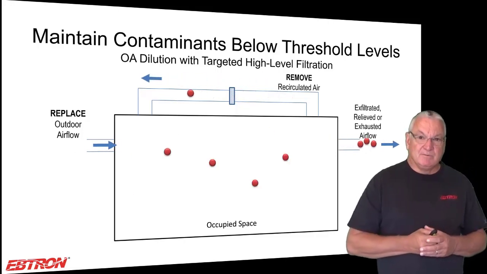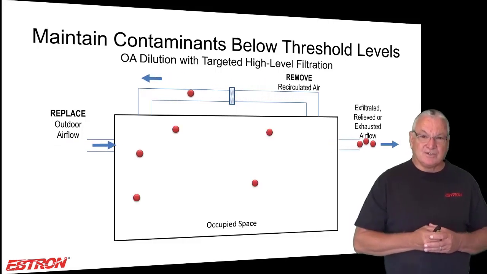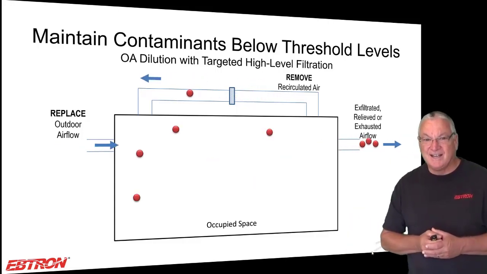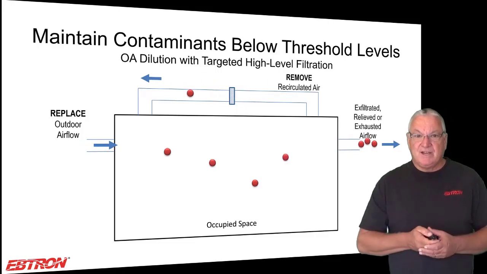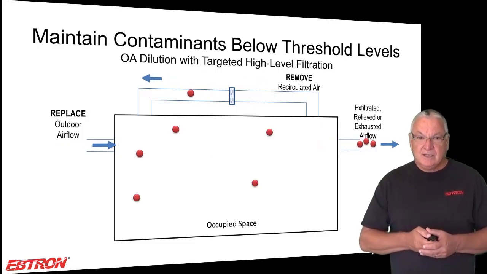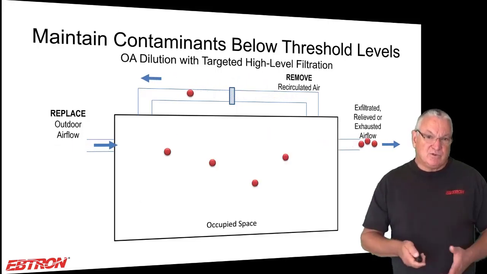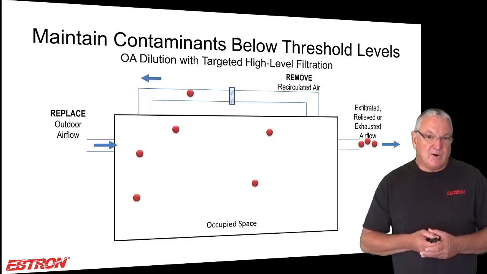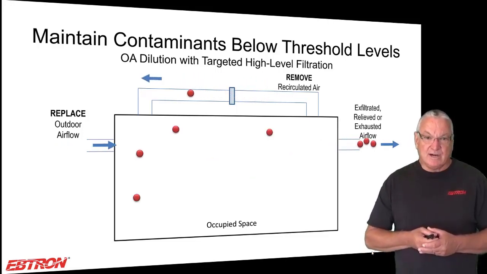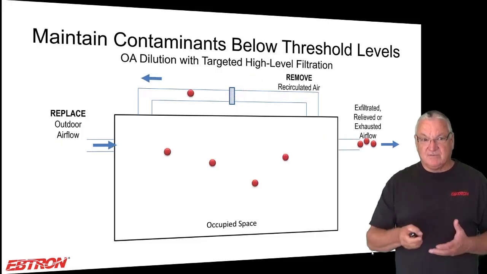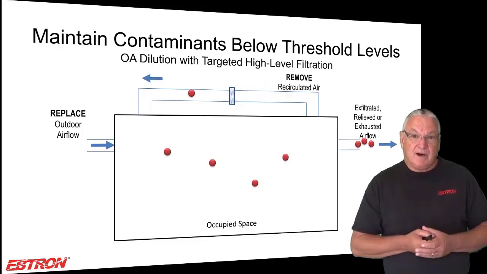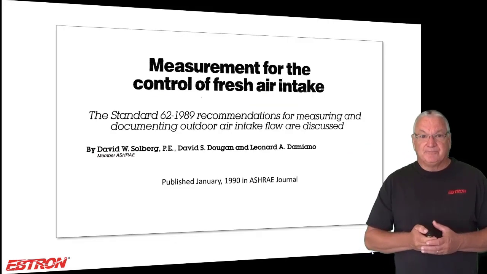Actually, I have a big problem with it, but that's a whole other story, and I'm not going to go into that today. We have to do a combination of these two things. These are the primary things that we're going to do. A lot of times people go out of their way to avoid outdoor air because it is expensive to condition, but the bottom line is we need it.